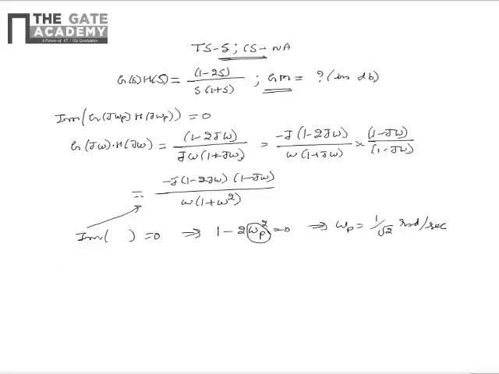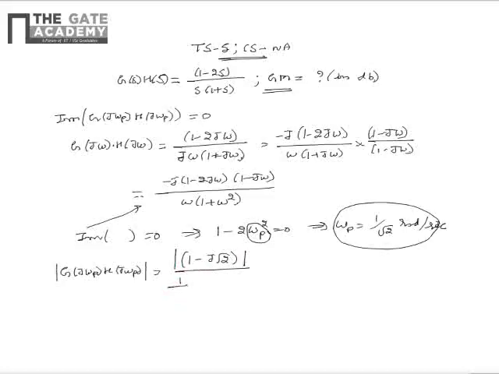So now let us evaluate the magnitude of the given open loop transfer function at omega p equal to 1 by root 2. From this we see that the magnitude of G(j omega p)H(j omega p) can be written as the magnitude of (1 minus j root 2), that is 2j divided by root 2, divided by, this is the magnitude of this, multiplied by the magnitude of j omega p, that is 1 by root 2, and multiplied by the magnitude of (1 plus j by root 2).